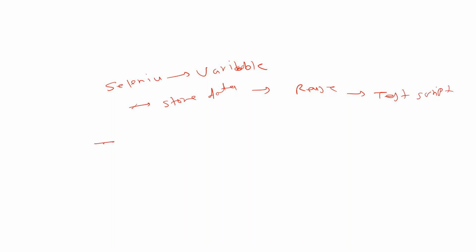But in terms of Tosca, we call it a buffer. Inside the buffer we store the temporary data, and that data will be used by our automated test scripts. So that is the thing I would like to mention here.